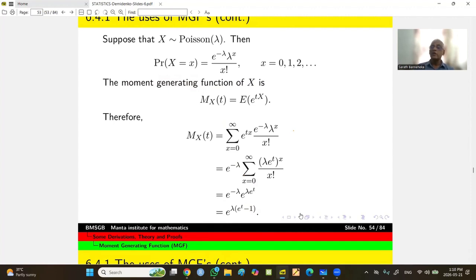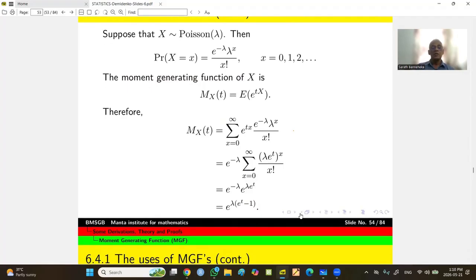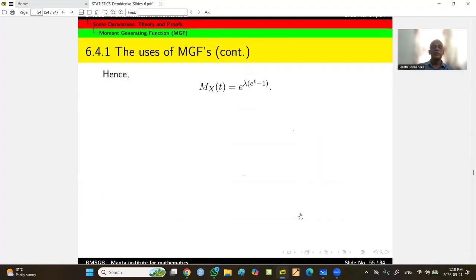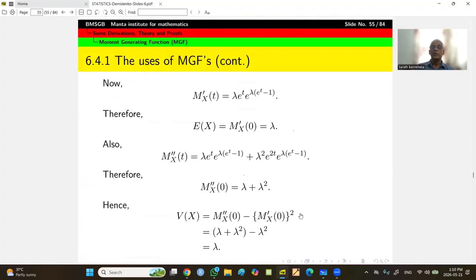Right. Now let us derive the expected value and the variance using this. Right. So in order to get the expected value, we have to take the derivative of the moment generating function once and put t equal to 0. So when you do that, you will see you will get lambda, right? Take the derivative of the moment generating function with respect to t once.